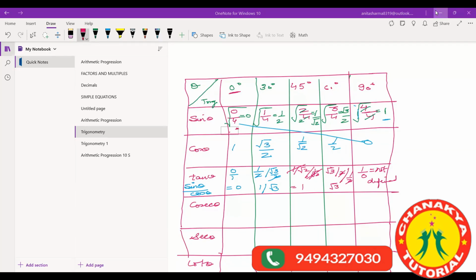Aryan, yes, ma'am. Okay, now cosecant theta is reciprocal of which trigonometry ratio? Sine. Yes, sine. So you will write reciprocal of sine only. Reciprocal of sine 0 is 1 upon 0, which will be not defined.